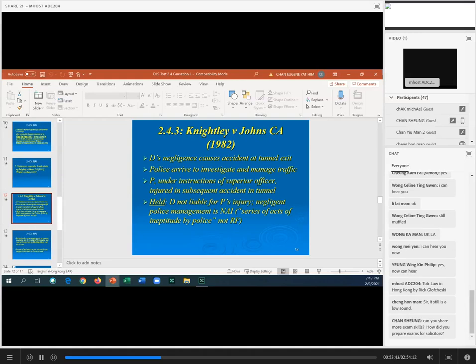I actually saw a little incident in Causeway Bay yesterday where a minibus had run up the back of a van and the police were there, but they weren't in a tunnel. So the police arrived to sort out the situation. Now, the police have what we call standing instructions to handle these sorts of things.